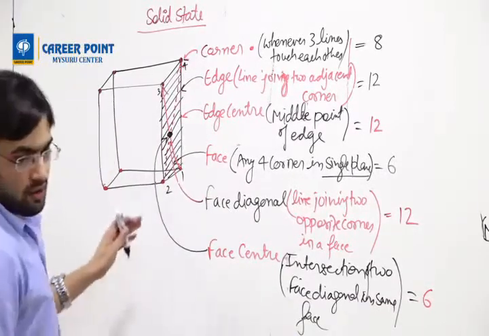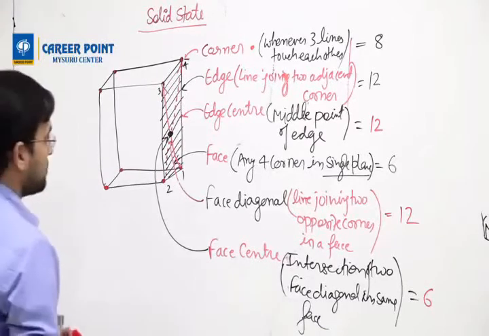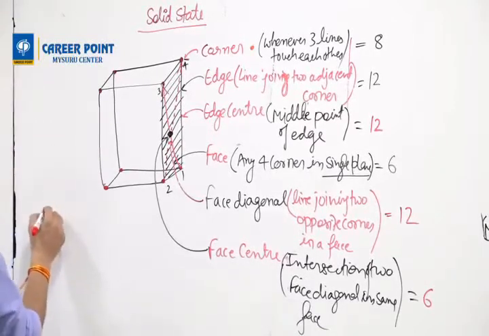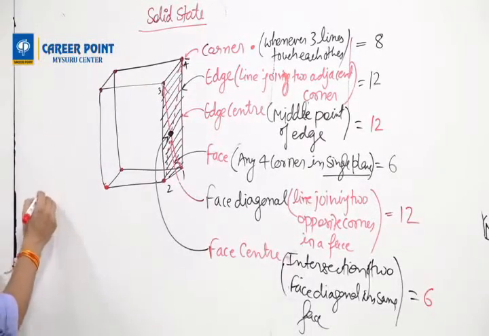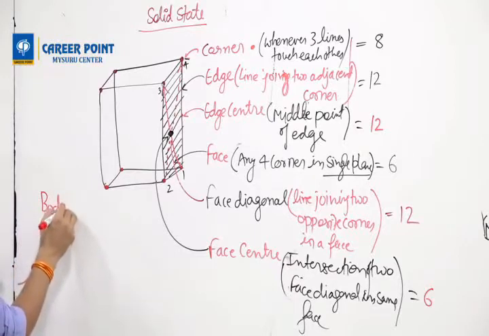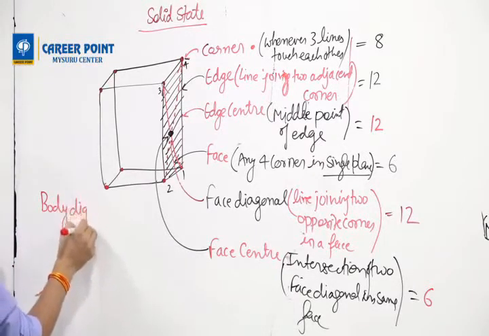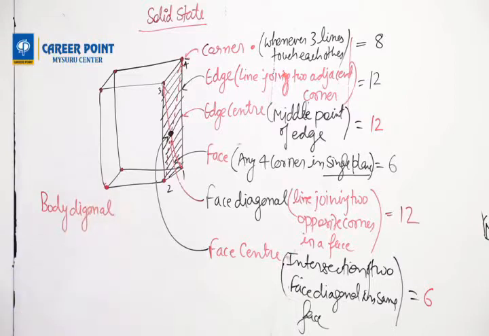Right? Now, once I get the total face centers, the next one we do is body diagonal.